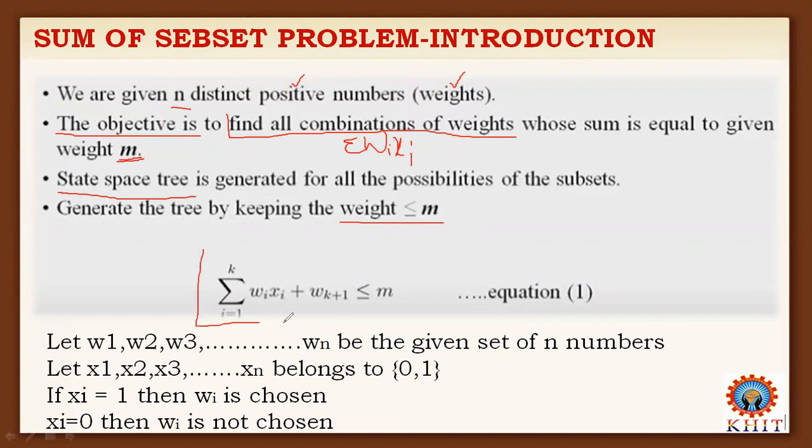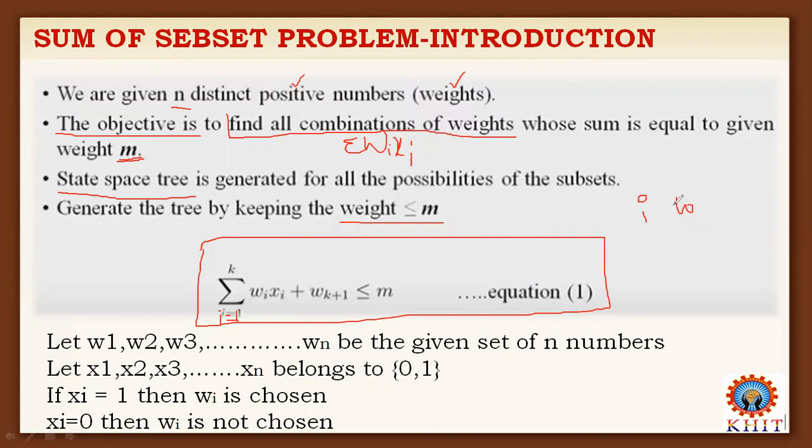So here consider there is a formula. The sum of subset problem works based on the formula, the sum from i equal to 1 to k, plus the sum from k plus 1 to n. Suppose there are n values, from 1 to n. Initially you find the sum from 1 to k, then keep on adding k plus 1 to n.